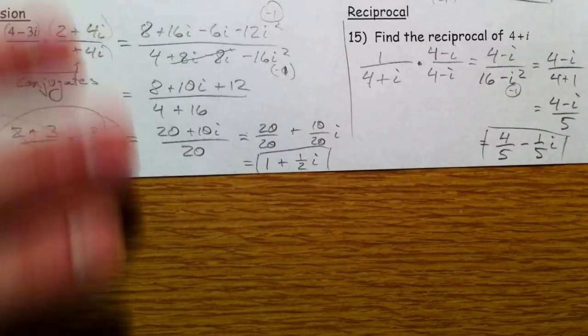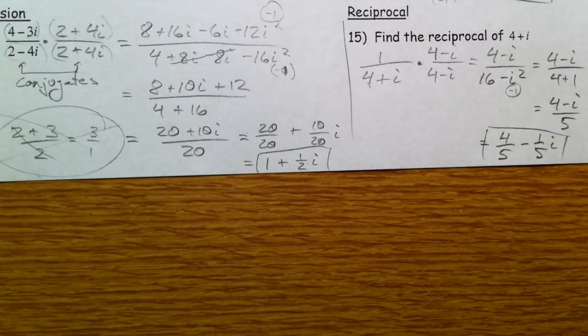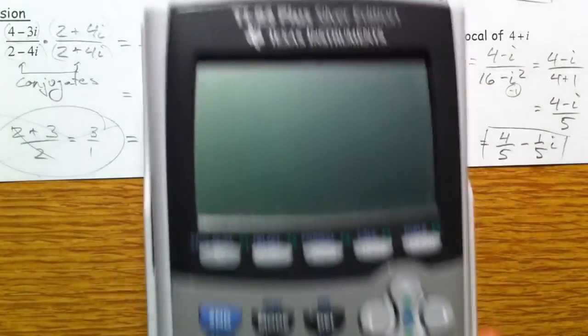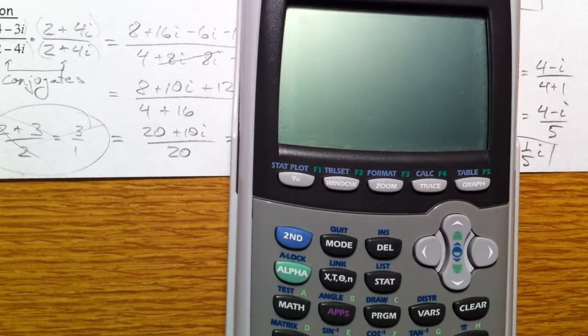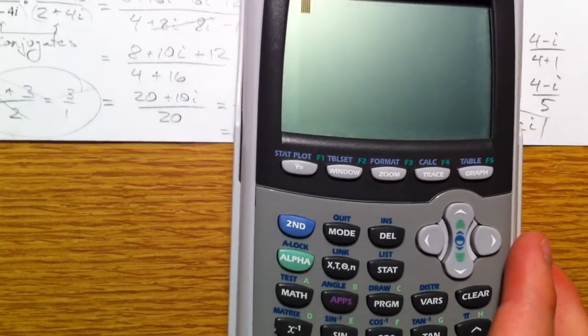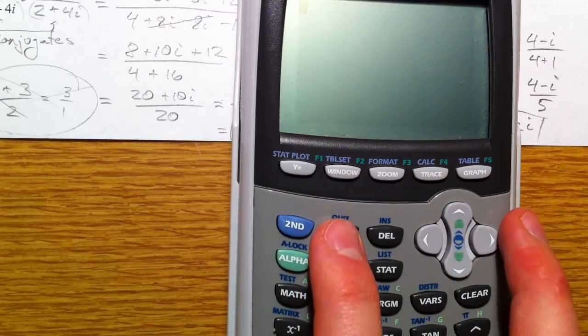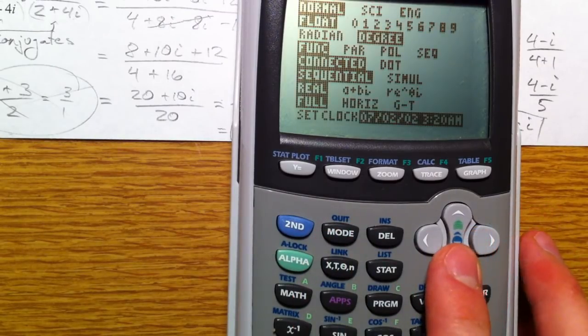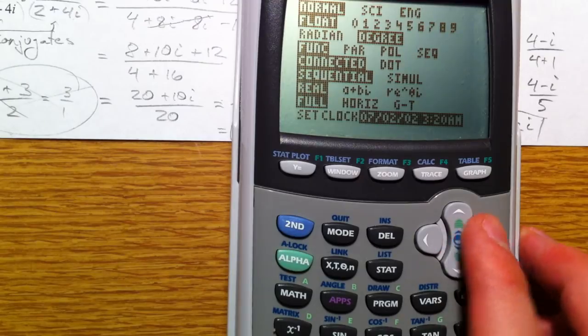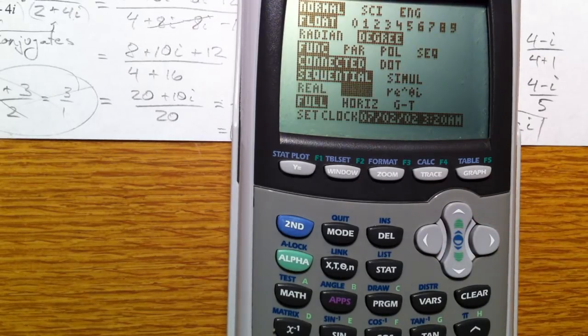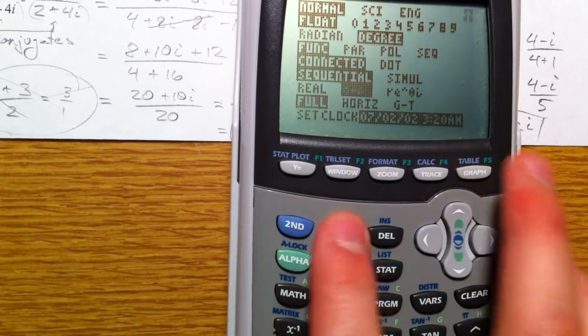And that is how you do complex numbers. Now, I probably shouldn't show you this, but our calculator is capable of this if you ever need it. One thing you want to do is make sure in mode that you have it set to be able to use a plus bi. Otherwise it'll give you errors.